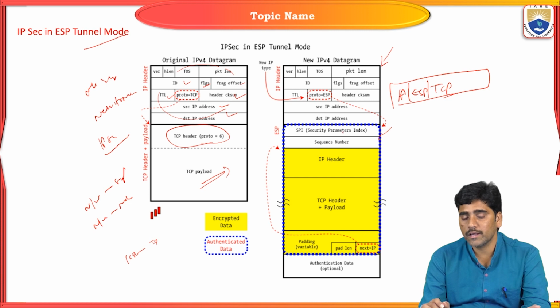What do the ESP header fields contain? The security parameters index as well as the sequence number, both in the ESP header.